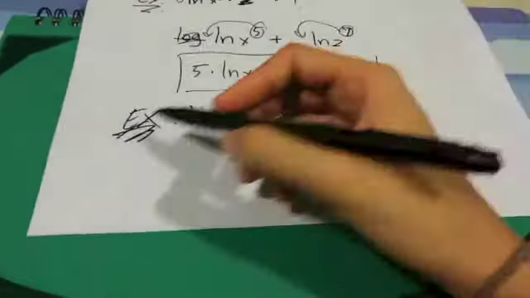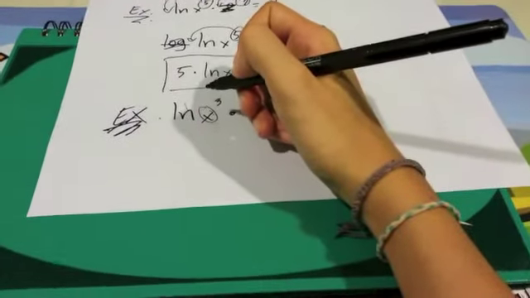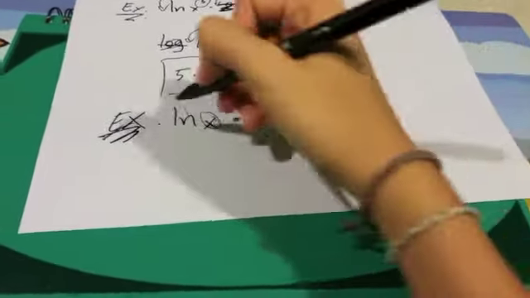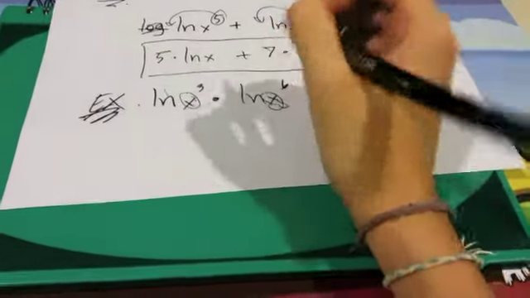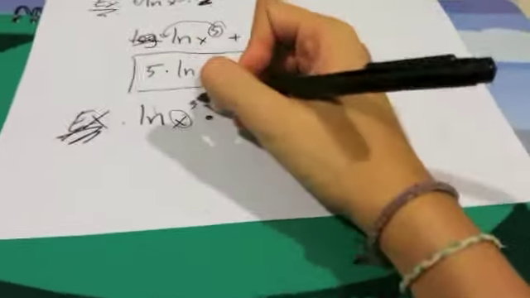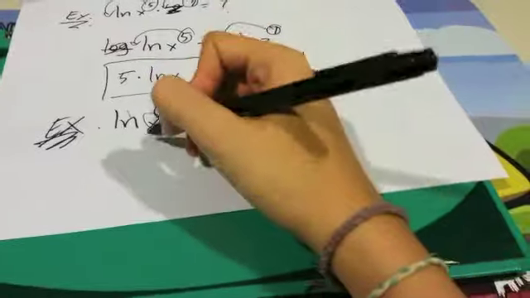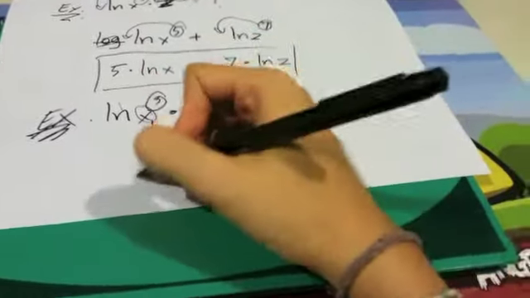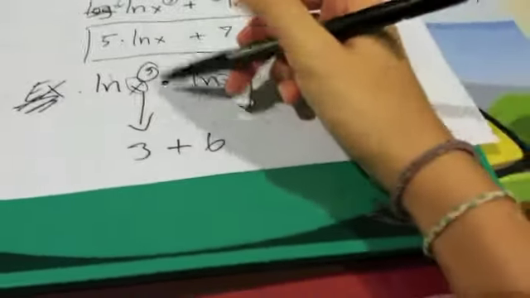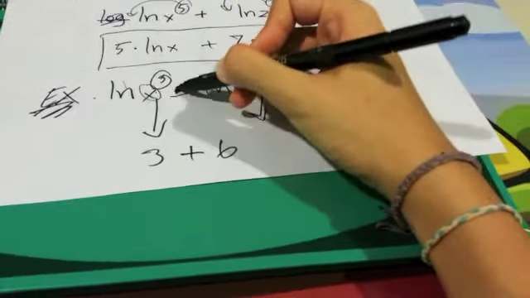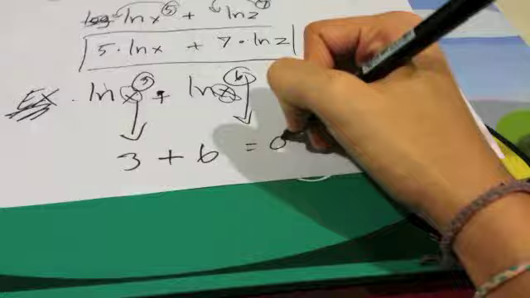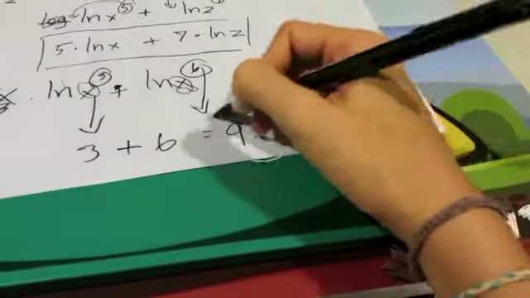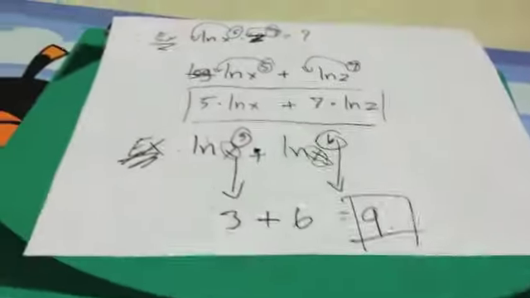So now you break this. Oh, you don't have to break it out, it's already broken out. So now you just bring 3 and 6 down. 3 plus 6, because if you break this down, the times is going to change to plus, as you learned in the property for the logarithm. So 3 plus 6 is going to be 9. So the answer is 9.